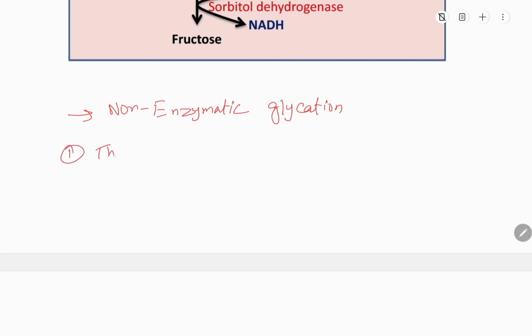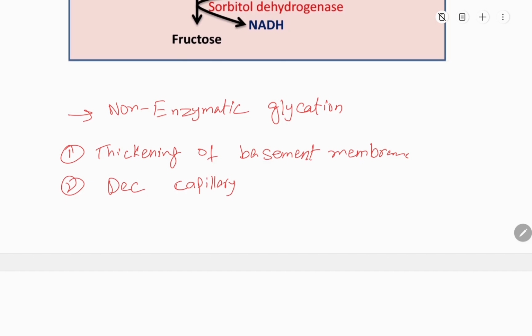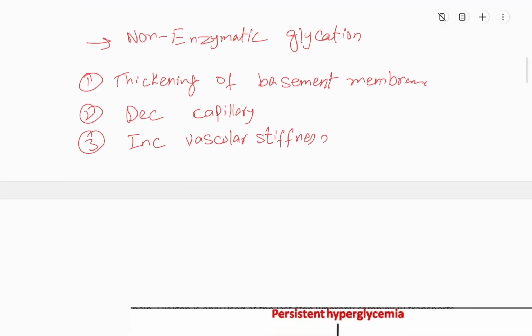It will cause thickening of the basement membrane, a decrease in the capillary lumen, and an increase in vascular stiffness. All of these changes reduce the oxygen and nutrient supply to the retina.